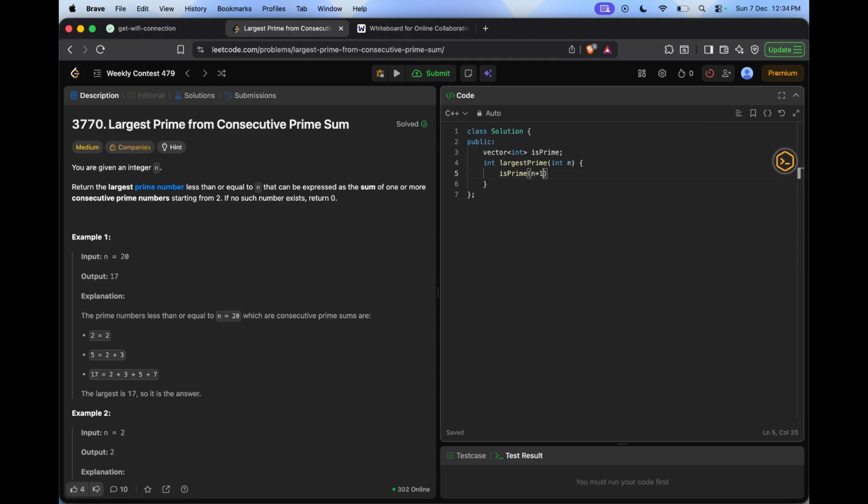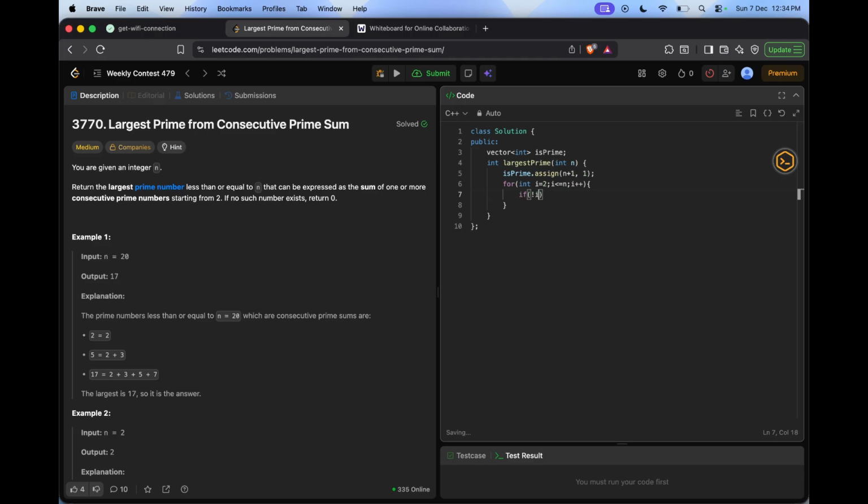So create a vector of size n. Initially, let's say that all numbers are prime, and then the numbers that are not prime, we will assign them as 0. Alright. Starting from 2, which is a prime number, iterate to all its multiples.